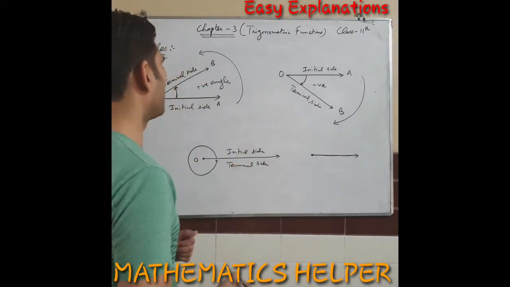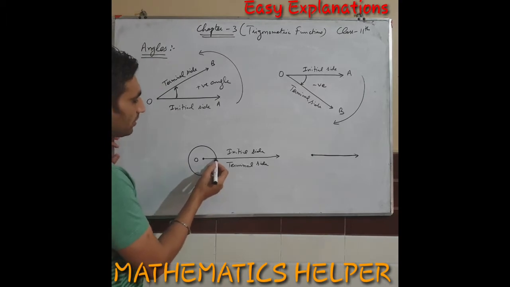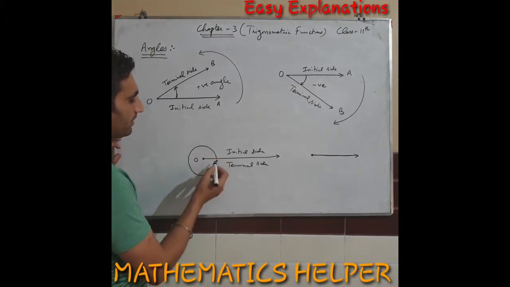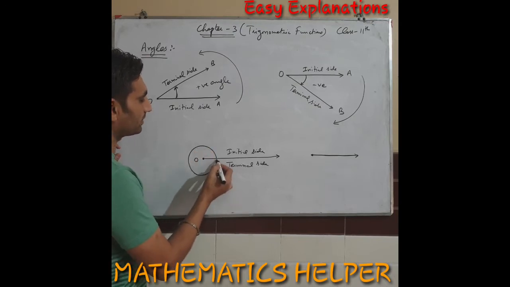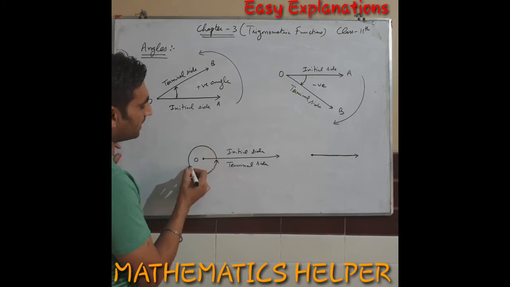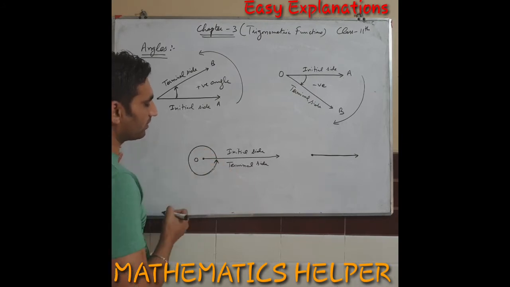So one more diagram is here. What about this angle? About this initial point O, this is a complete angle of 360, but this arrow represents that you moved in this anti-clockwise direction and completed one round.